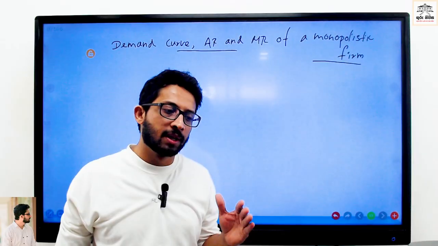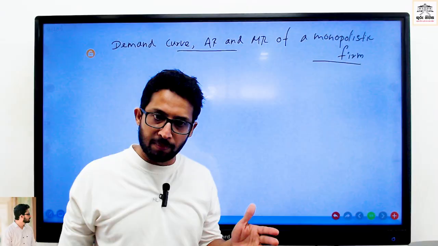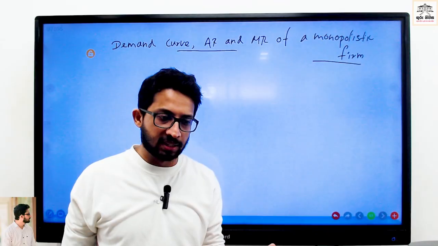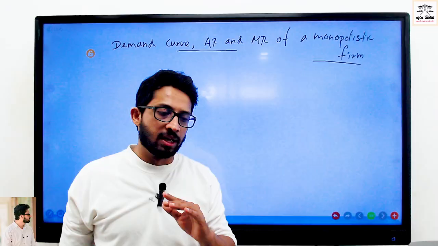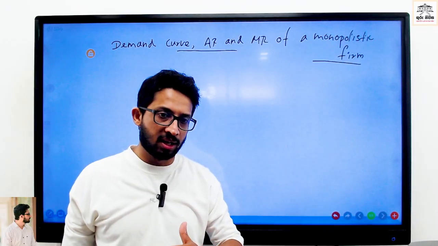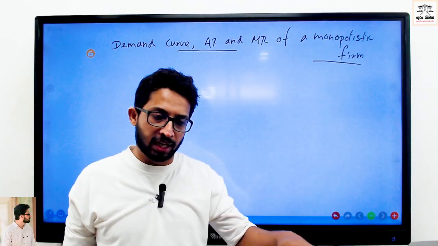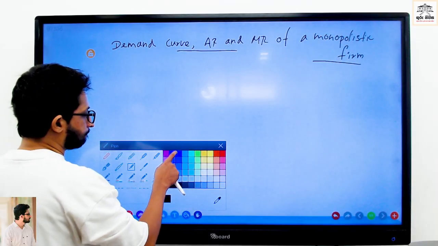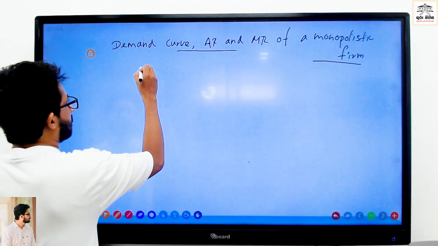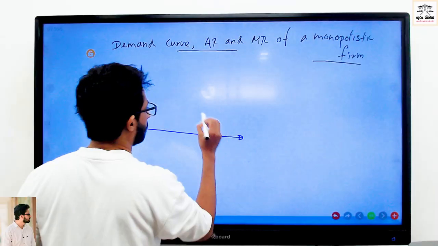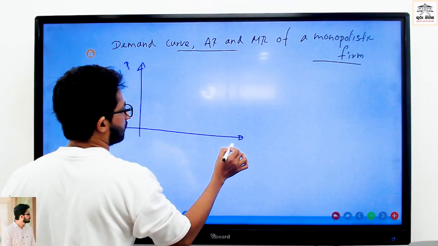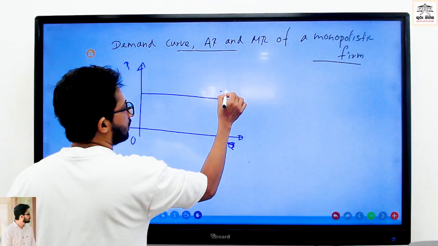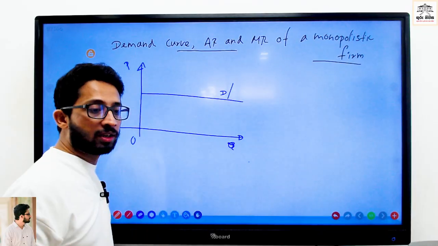Remember, if a firm is a price maker, sorry, let's start from price taker. If a firm is a price taker, demand curve, MR, AR are all equal, and also put that it's parallel to the quantity axis. Can you remember the perfect competition market? In the perfect competition market, price, quantity, the demand curve is perfectly elastic.